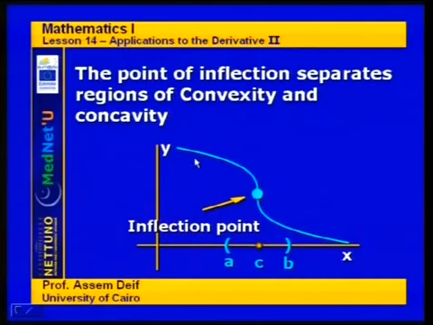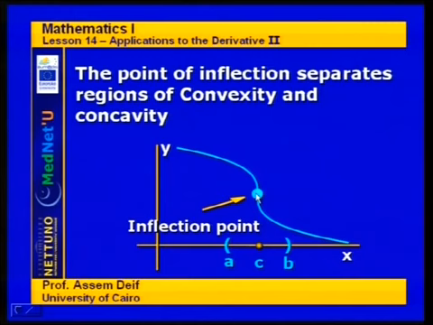Also, you may want to know the meaning of inflection points. Inflection points are those points at which the function changes from the concavity property into convexity. If f is continuous and the double derivative changes sign, for example from negative to positive, then we say that there is an inflection point.